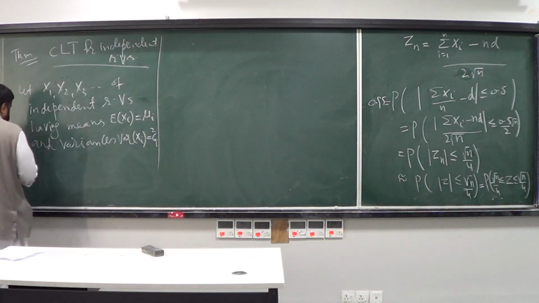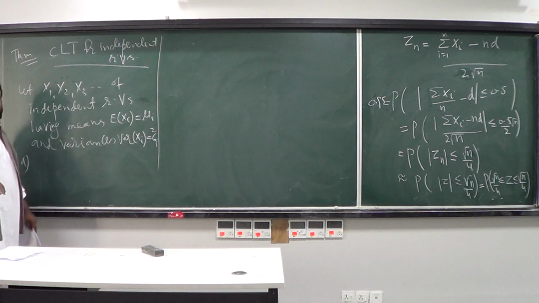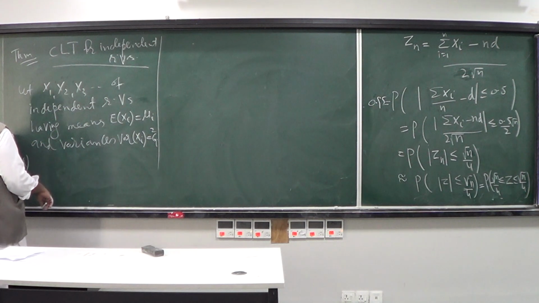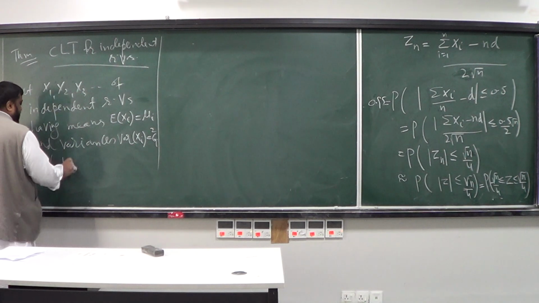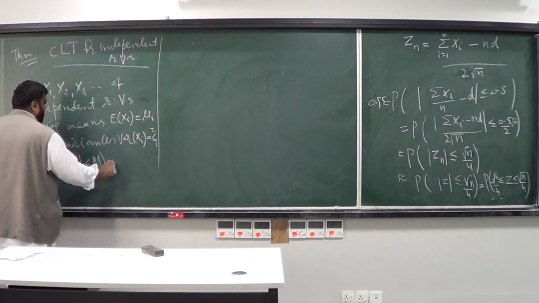Now if two more assumptions are satisfied, then you have the same result as previously. What are those two additional assumptions? First, the probability that all of these random variables are bounded is equal to 1.